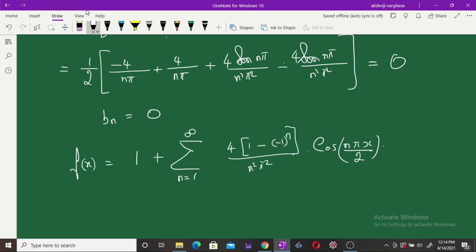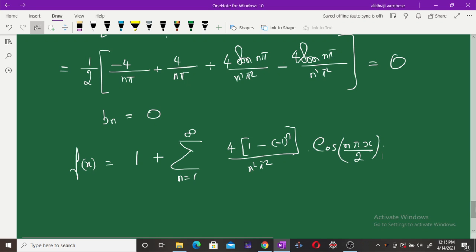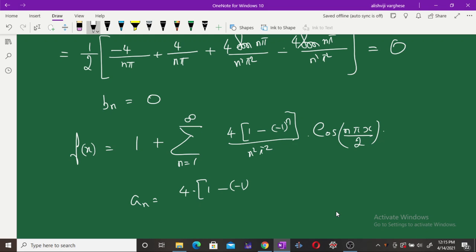function, and this one can be simplified a little by just rewriting the term an. an is equal to 4 into 1 minus minus 1 raised to n by n square pi square.